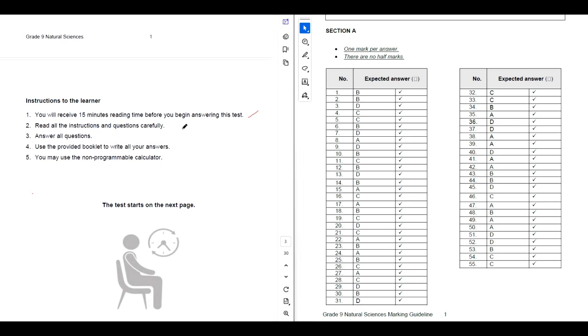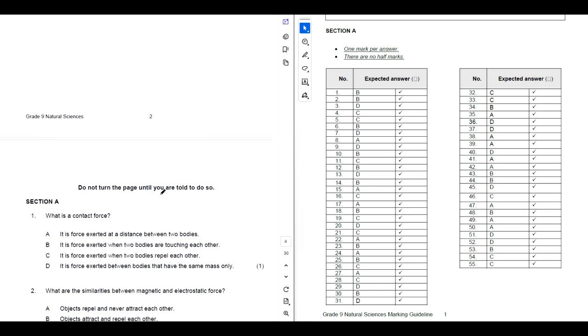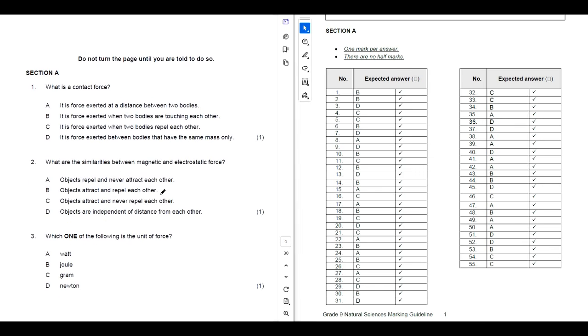We are also asked to read all the instructions and questions carefully, and to answer all the questions. We are told to use the provided booklet to write all our answers. Another instruction is that you may use the non-programmable calculator, so the usage of a calculator is permitted.